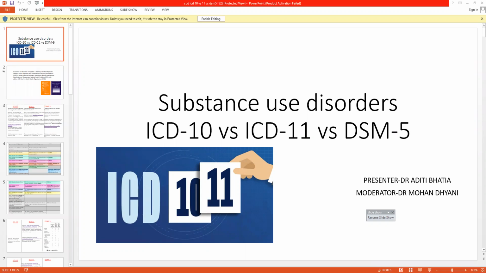Anticonvulsants we have seen. Steroids, pregabalin, carbamazepine, and antidepressants.